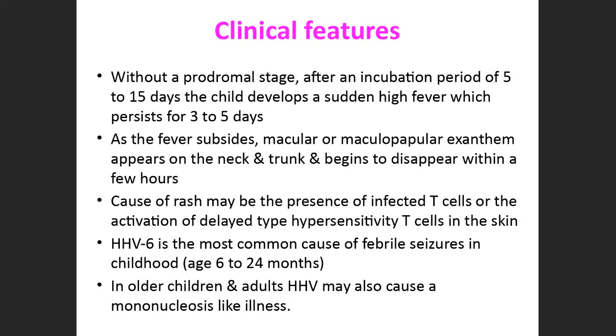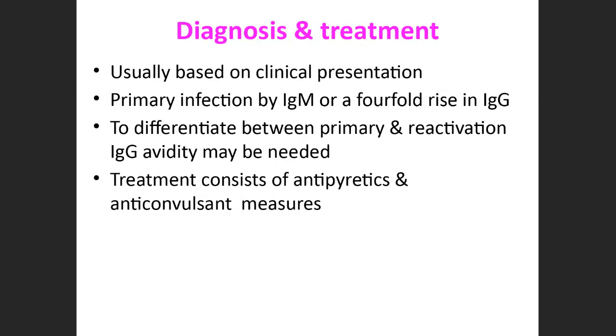The cause of the rash might be the presence of infected T cells or the activation of delayed-type hypersensitivity T cells in the skin. It is the most common cause of febrile seizures in childhood, and it might also cause a mononucleosis-like illness, like a flu-like illness.